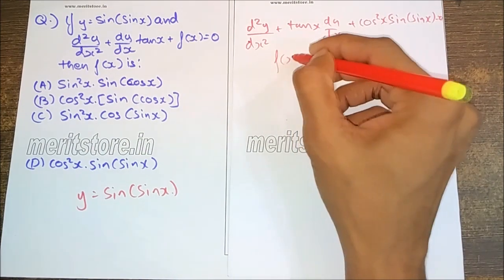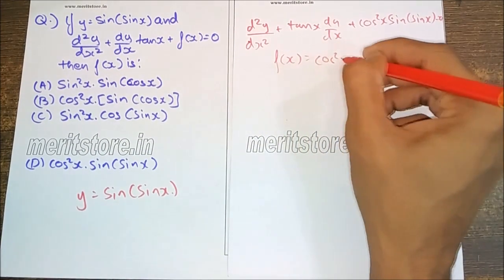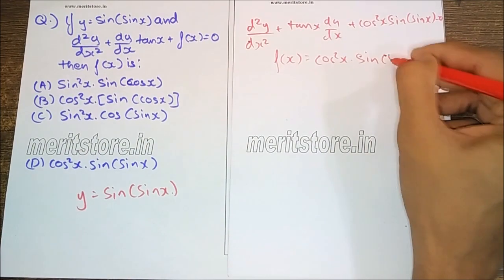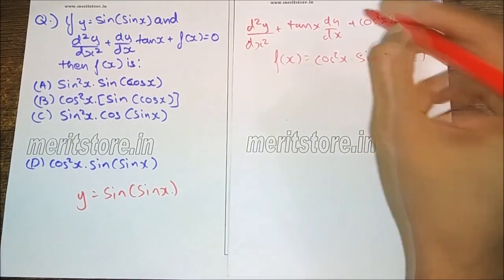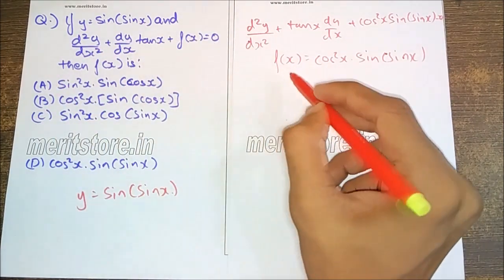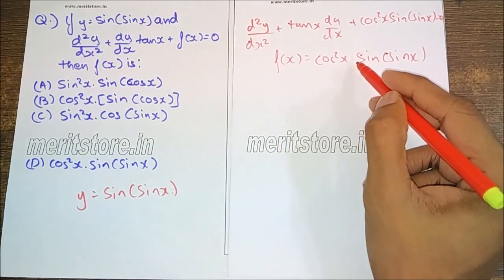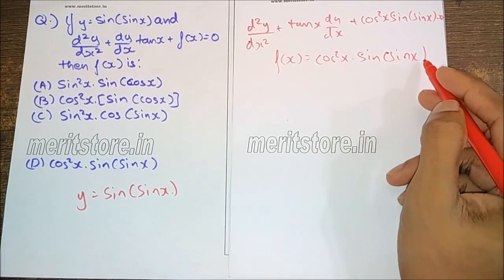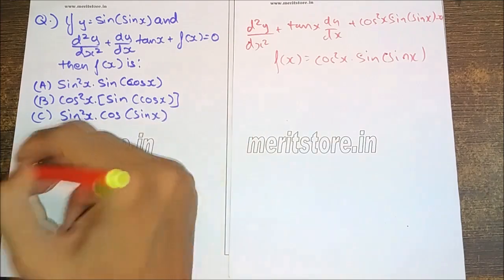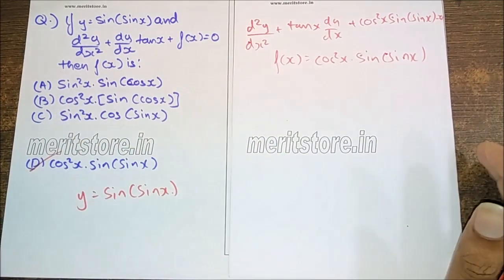Therefore, we get f(x) is equal to cos square x into sin x, where we compare this with the given equation. Therefore, we get f(x) is equal to cos square x into sin of sin x, which we see our answer matches with option D. Therefore, option D is the correct answer.